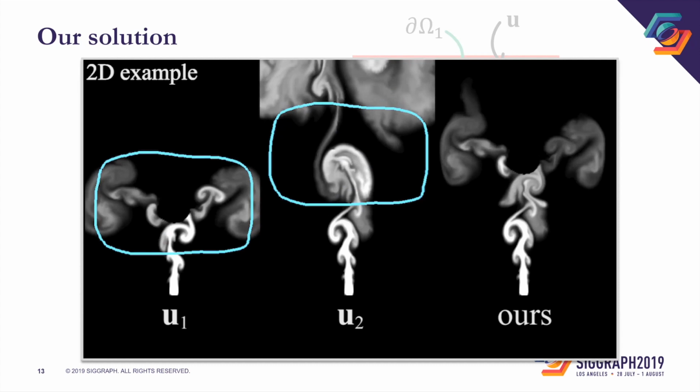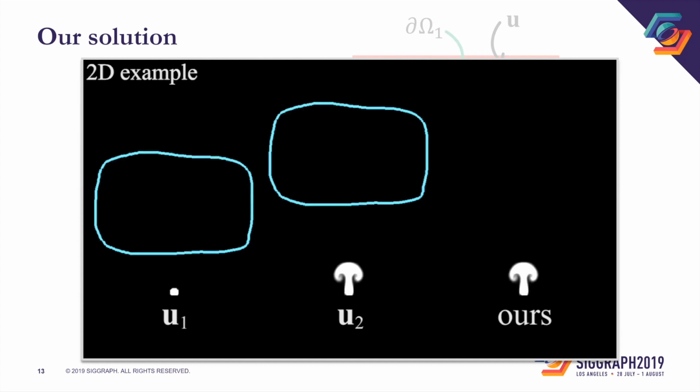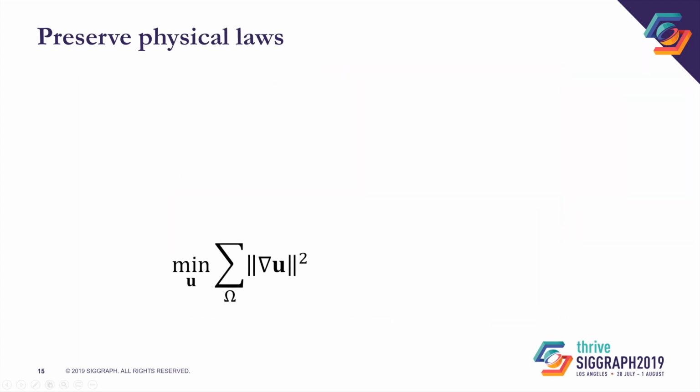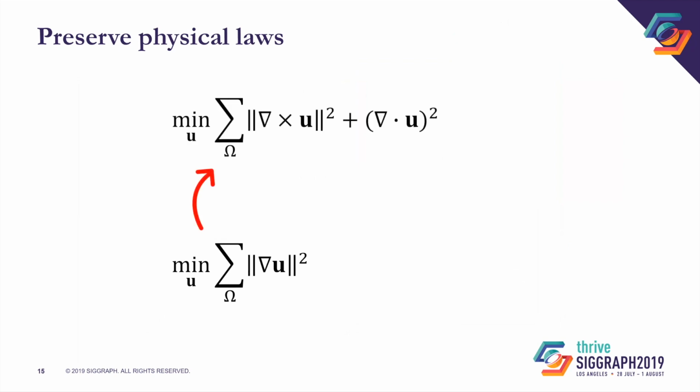Let me talk about some of the details of our method. This is the minimization problem we want to solve. After several mathematical operations, we can obtain this formulation. We have two terms on the right.